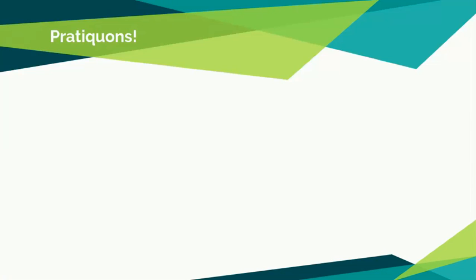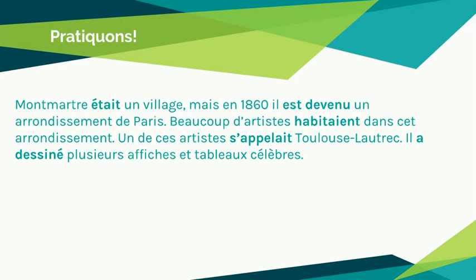Let's see. Here's our paragraph again. Montmartre était un village, mais en 1860, il est devenu un arrondissement de Paris. Beaucoup d'artistes habitaient dans cet arrondissement. Un de ces artistes s'appelait Toulouse-Lautrec. Il a dessiné plusieurs affiches et tableaux célèbres.